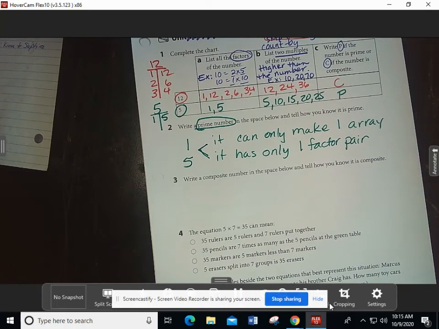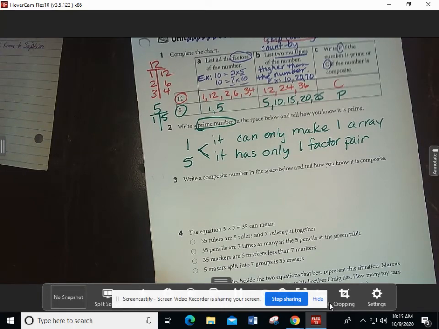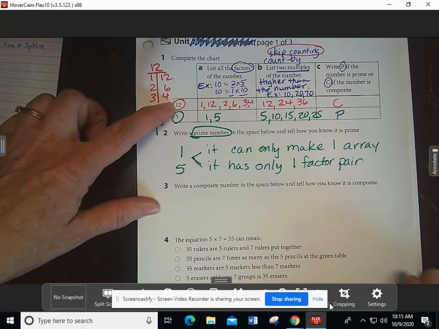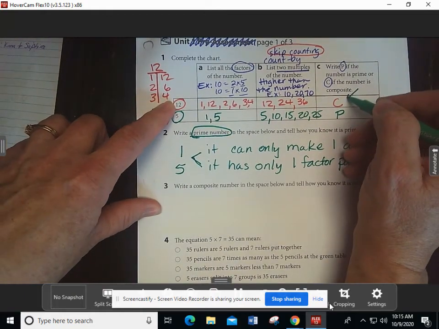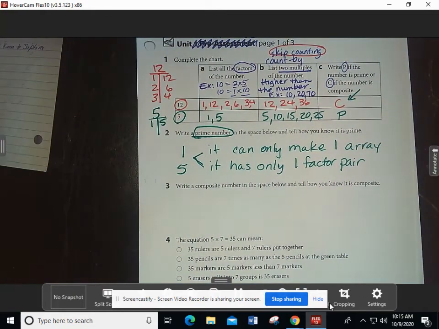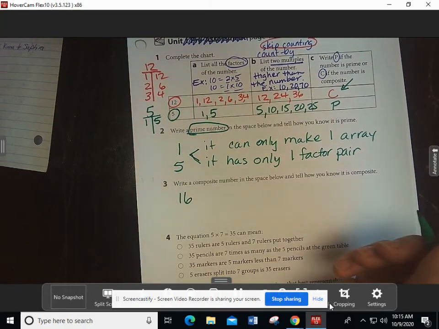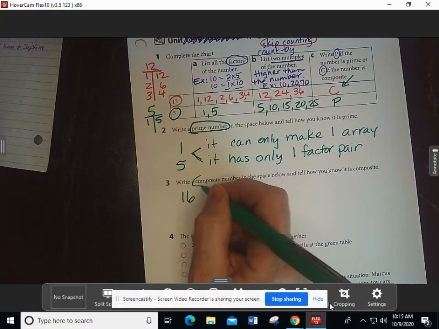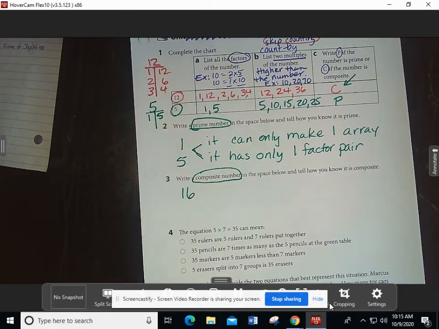Okay. If we go off of our numbers on top, we could use 12 as our composite number. See, we already have a composite written there. Who can tell me another composite number? Marshall. Marshall says 16. So we wrote our composite number.